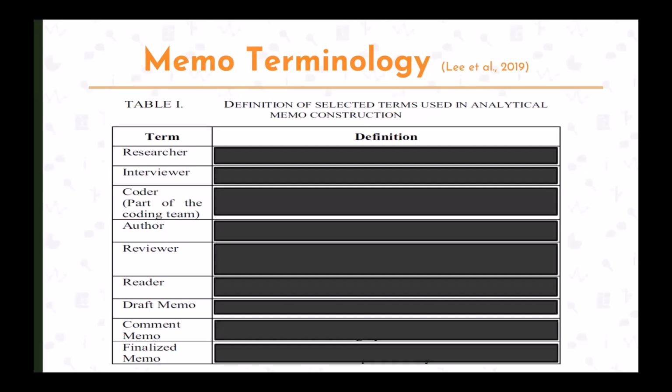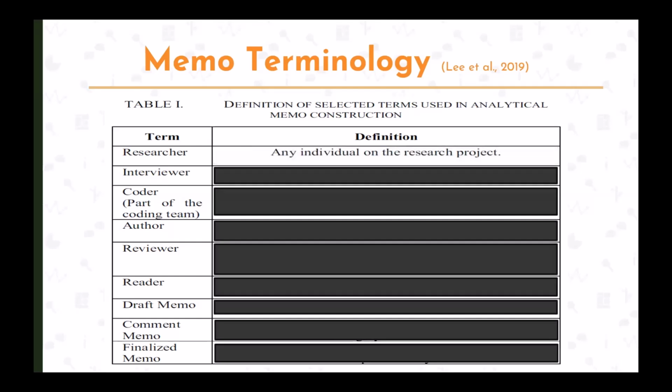Well, here's a list of terms, and all of them are probably terms that we think we know what they mean because of our other research experience, but it's interesting that these terms have a more specific meaning in the context of memo writing. So let's go over what those things are. There's a lot of overlap with what we think these terms are, but then there's a little more specificity.